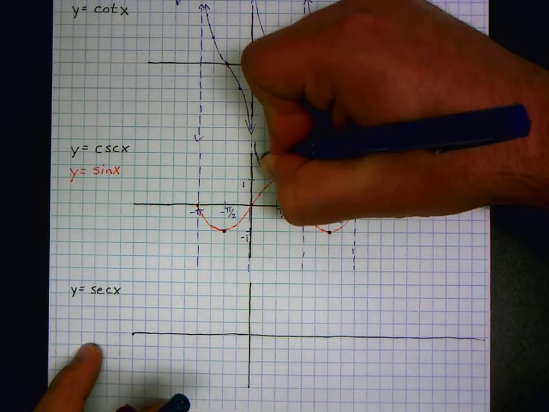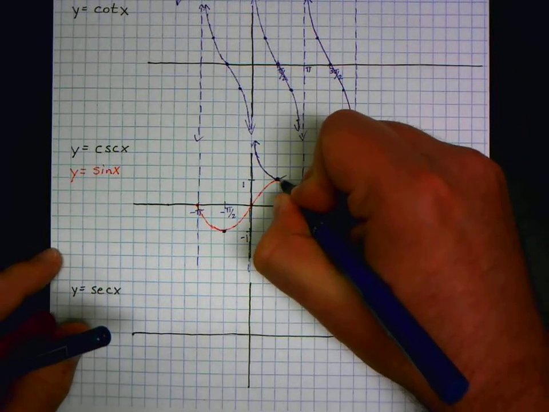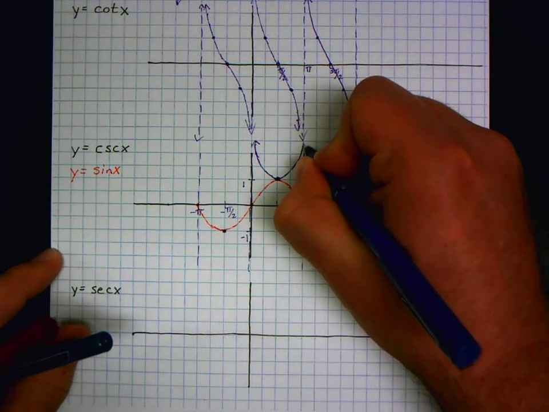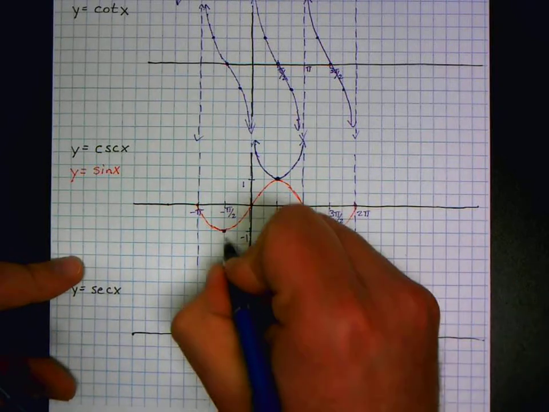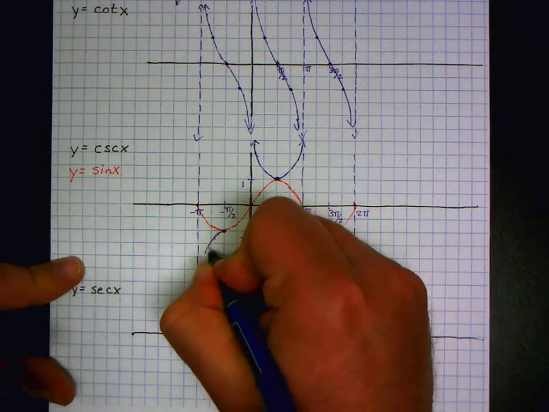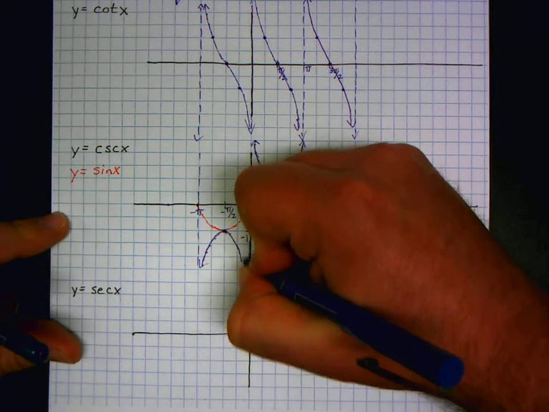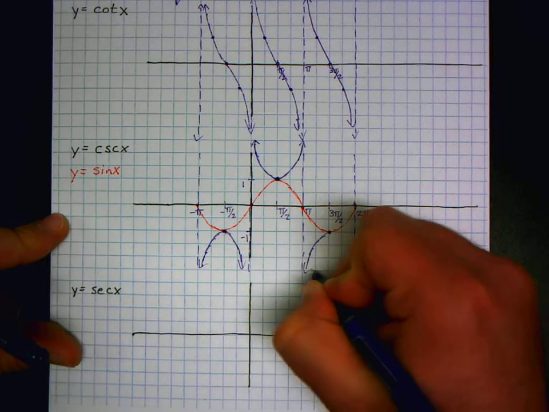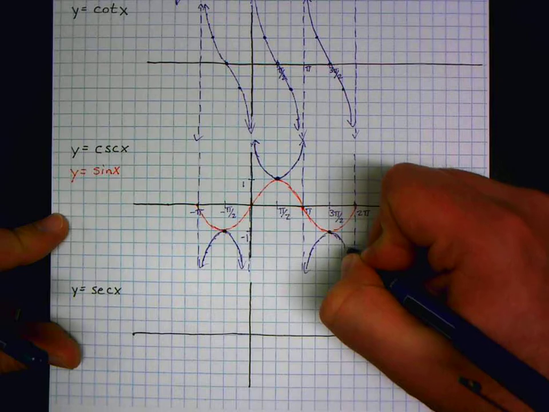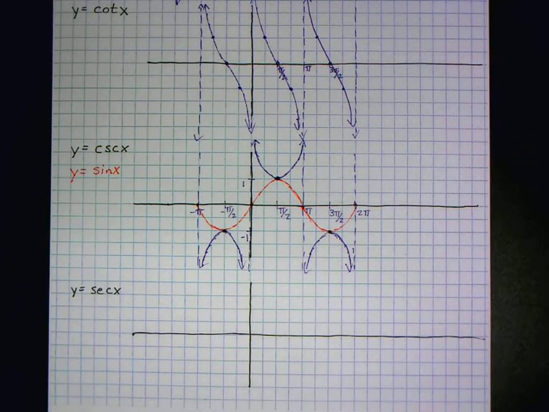So whenever you do the reciprocal of it, it flips it inside out, sort of. So if you could cut it and flip it inside out, it would look like that. So that's what cosecant looks like.